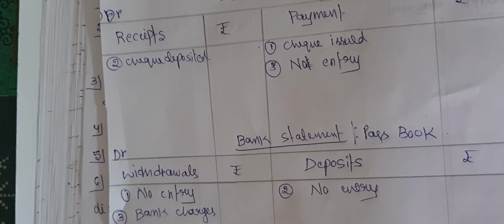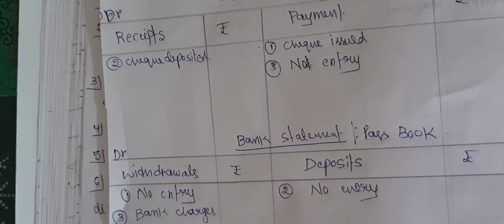Next one. Interest credited by the bank, rupees 1,500. Here also the business is not aware of this transaction. Directly the bank credited the interest, that is rupees 1,500.